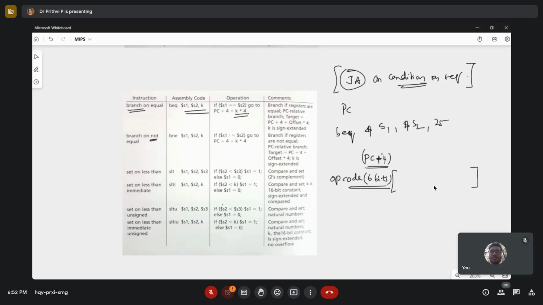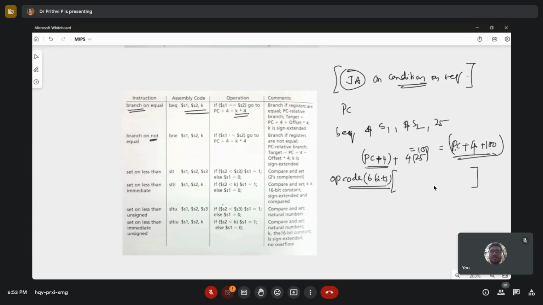This plus 4 means a jump where your next instruction will be placed, plus 4 times 25, which is equal to 100. That means the present program counter offset of 4 plus the instruction specified.